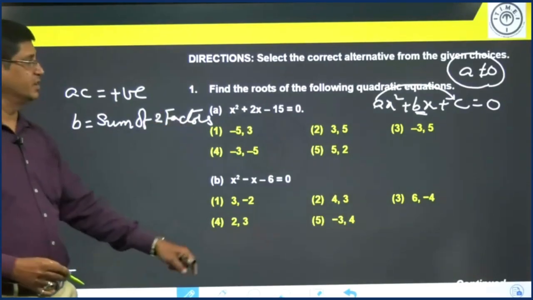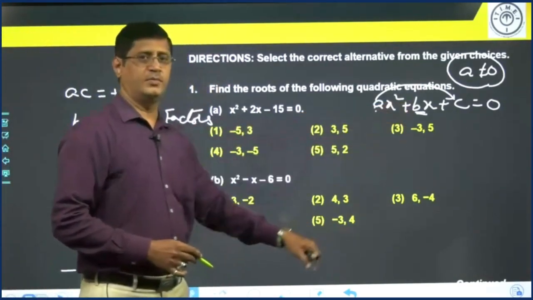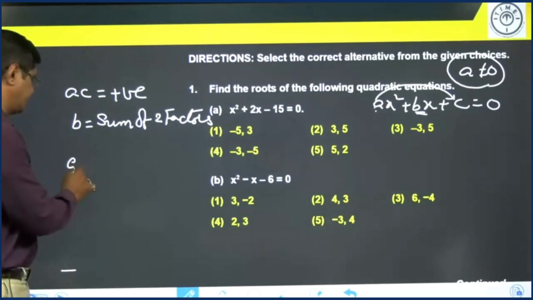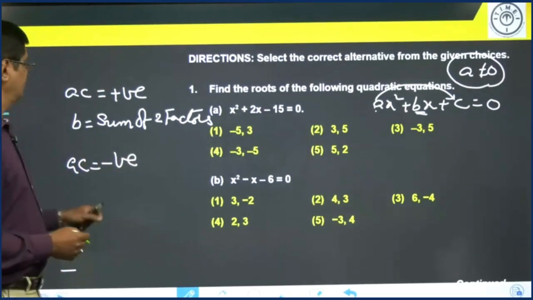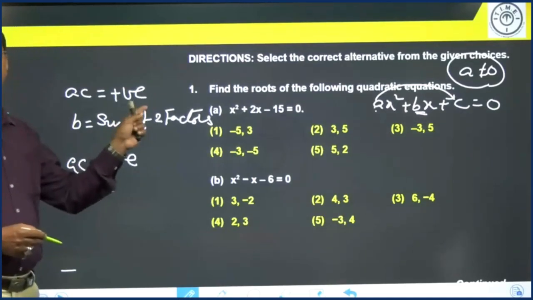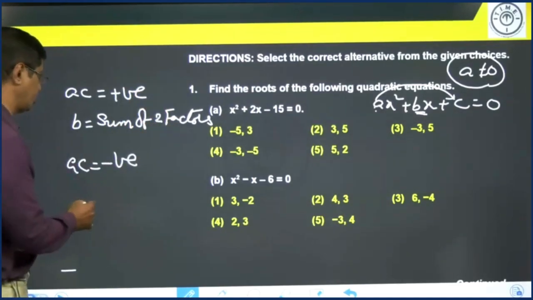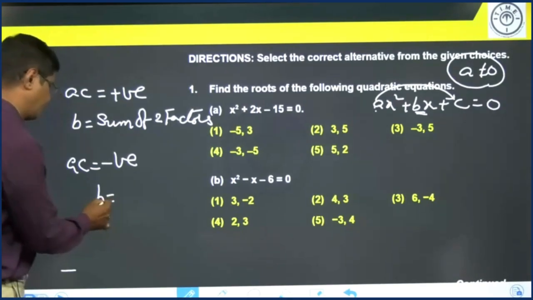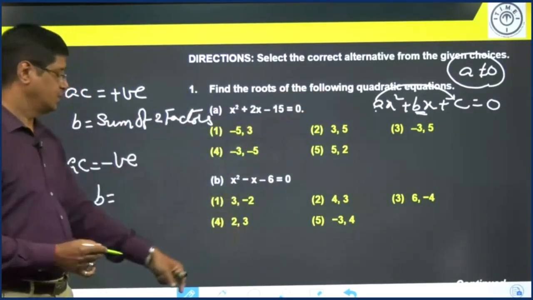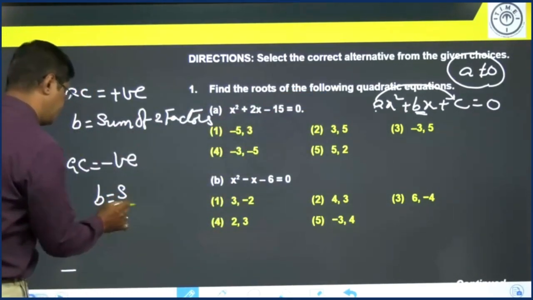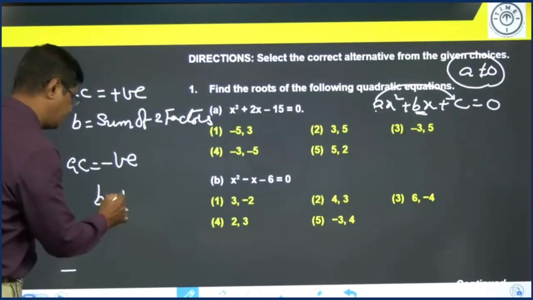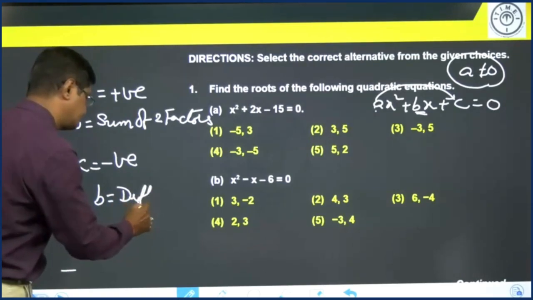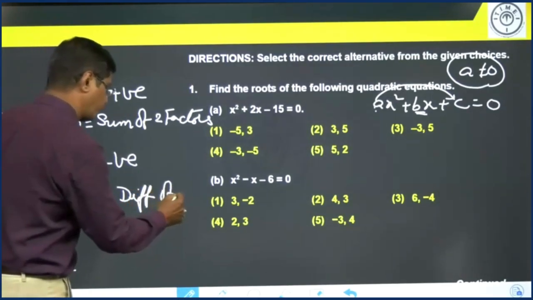Now the second point here: when a into c is negative, my dear students, please remember this. When the product of a into c is negative, then the value of b, the middle term, will be the difference of 2 factors.